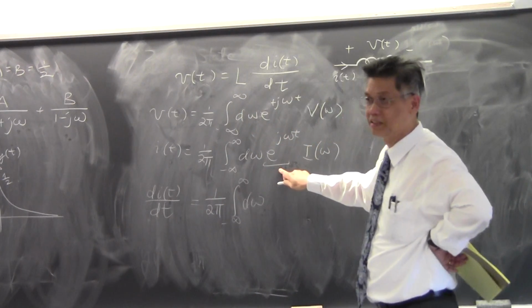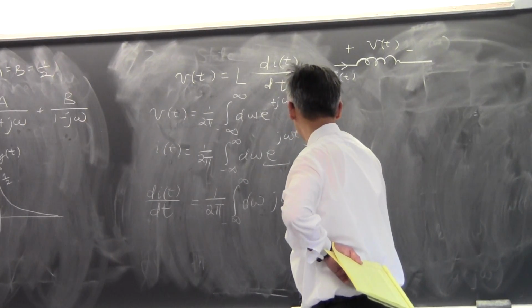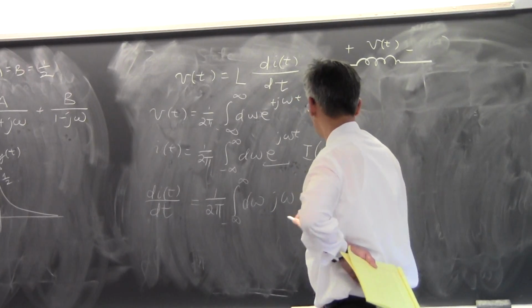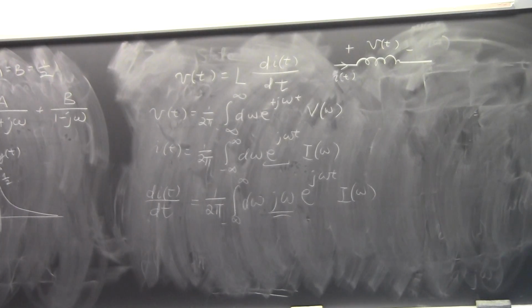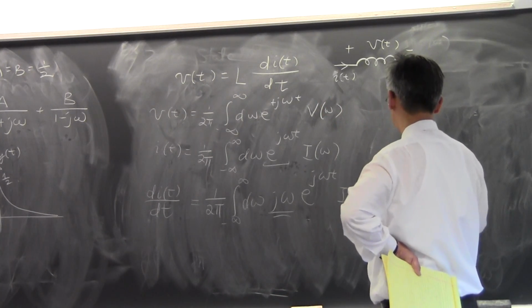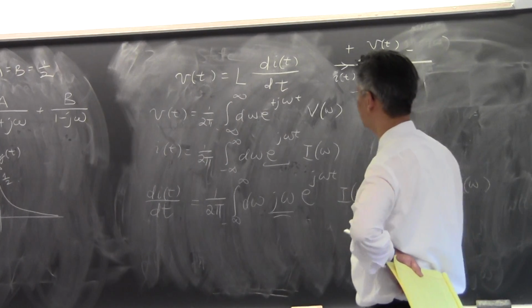If I differentiate this term with respect to t, I get a j omega. Very good. Times I of omega. So very much like what you have learned in phasors before. Derivative operators just become j omega in the Fourier space. So this thing would Fourier transform to j omega I of omega.